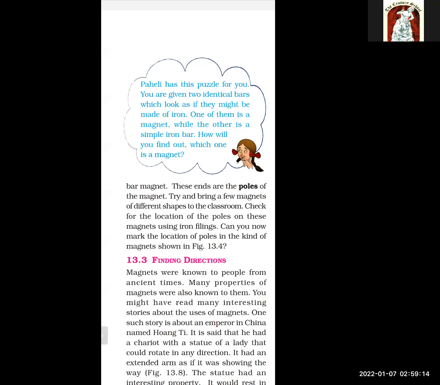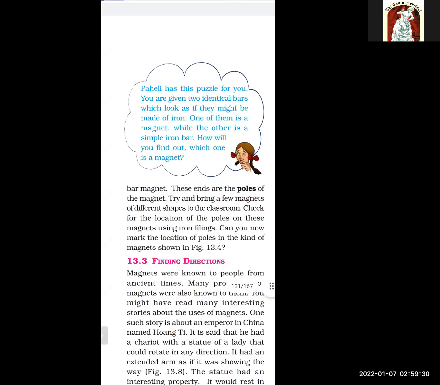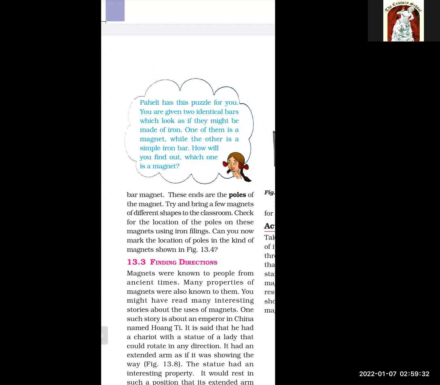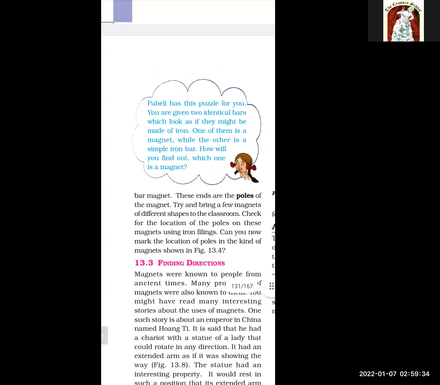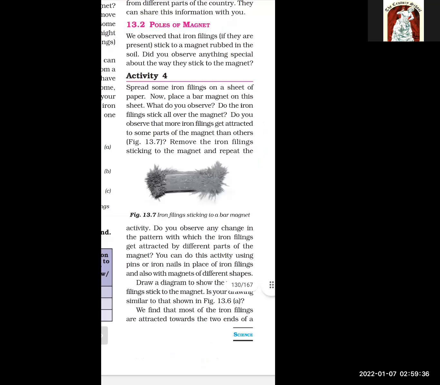And we can check the poles of a magnet with the help of magnets of different shapes. We will find that a magnet has two poles. First is North Pole and second is South Pole.